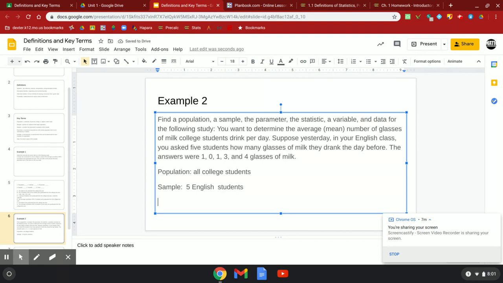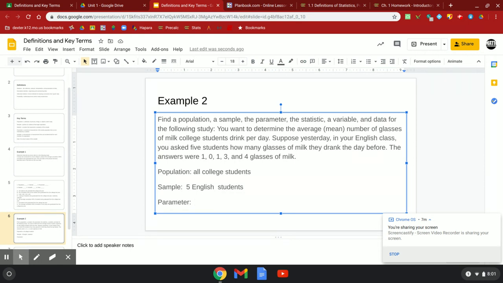Okay, next up is parameter. All right, on parameter, remember parameter goes with its buddy population because they both start with a P. And so for parameter, that's actually going to be my number, all right?